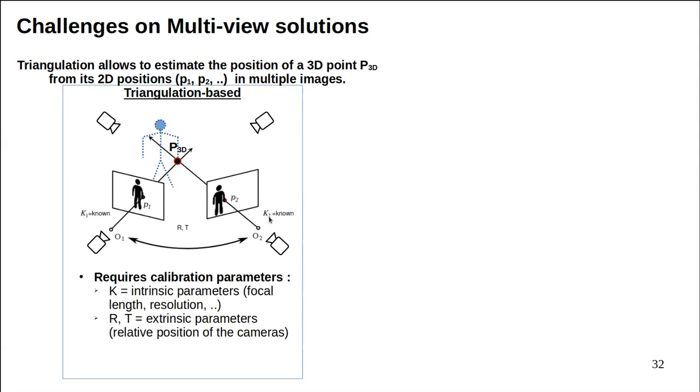So the problem with this kind of approach is that it needs what we call calibration parameters. So basically, it needs intrinsic parameters, which is information about the cameras, such as focal length or resolutions. So this is quite okay to obtain, but it also requires extrinsic parameters. These extrinsic parameters actually represent the viewing direction of the cameras, how they are positioned and rotated towards each other.